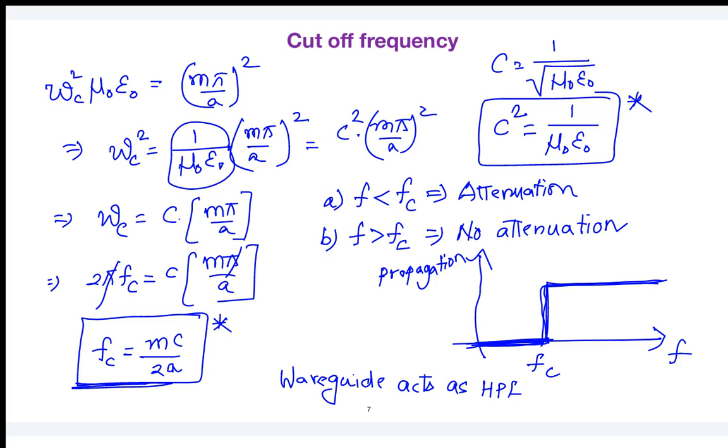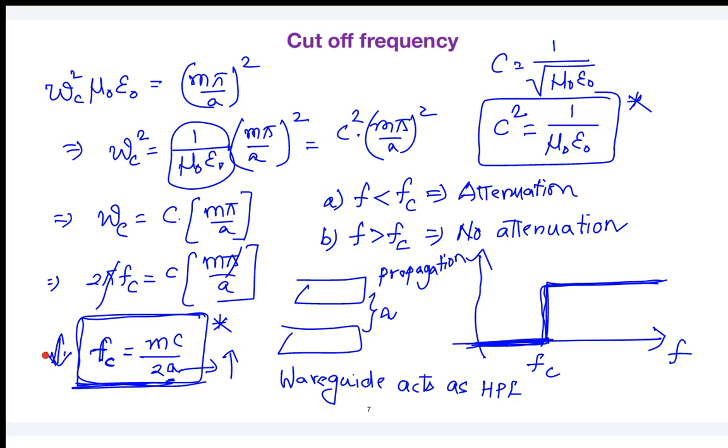Suppose I want my waveguide cutoff frequency in kilohertz; you can see what the dimension should be. If the cutoff frequency goes low, the dimension of the waveguide is going to be bigger. What does a represent? a is the spacing between the plates. So if you want to design the waveguide at low frequency, this will come in the order of some kilometers. That is the practical reason why you cannot design the waveguide at low frequency.